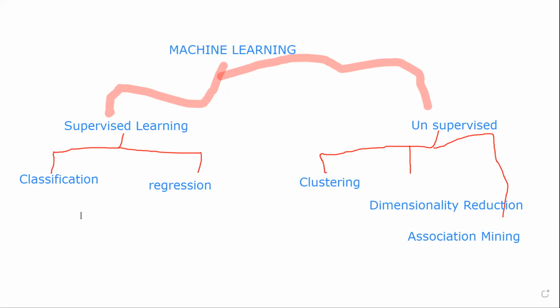Now, on what basis, what are the output models? What are the output models from this?